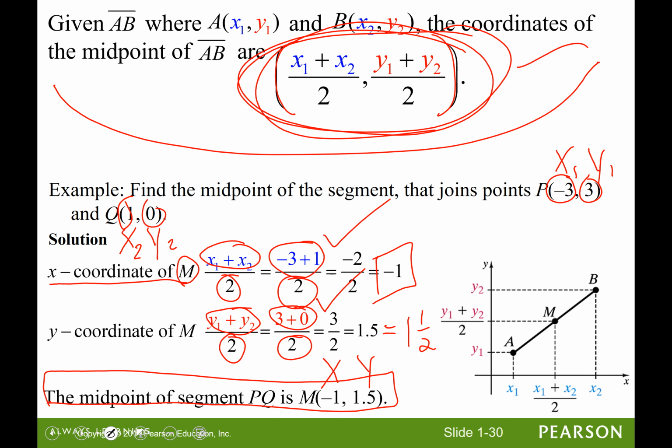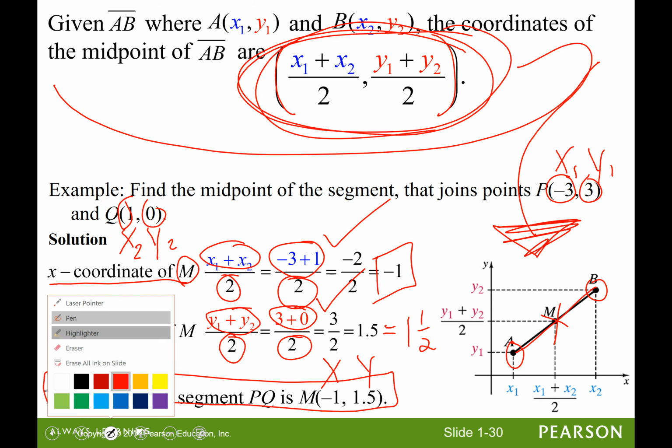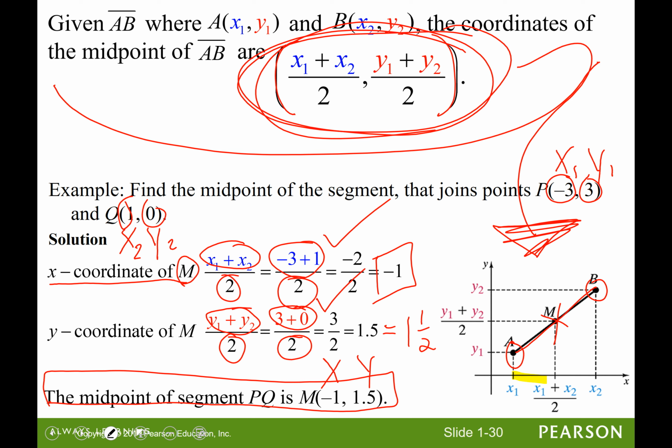In addition to that, you've got a visual on what the midpoint formula does. I like this visual. So here's our segment A and B. And if we're looking for the middle of it, what we do is, get my highlighter out, focus on this segment right here. It's got endpoints of x1 and x2.